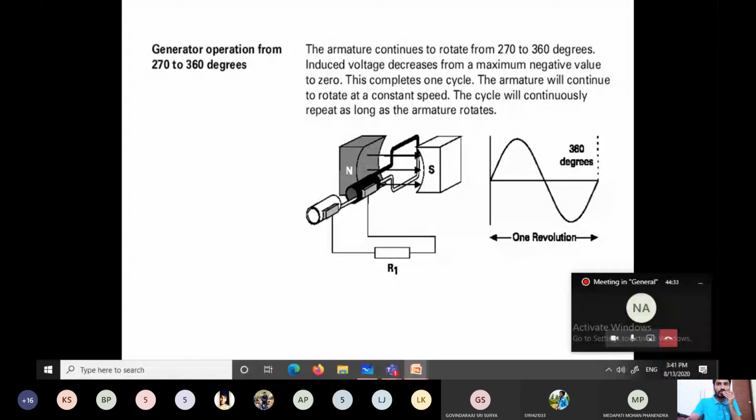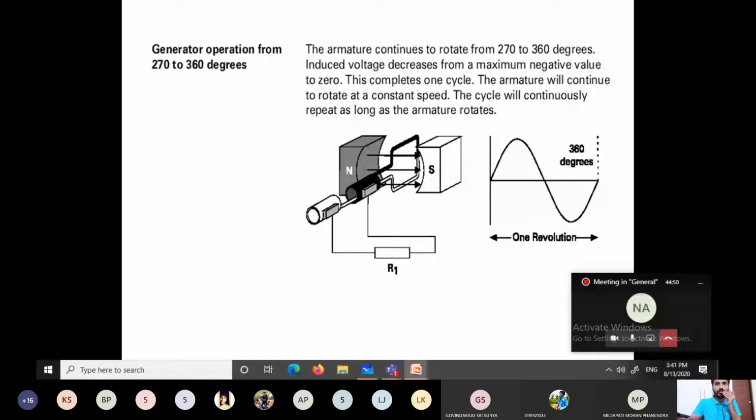After one complete cycle, we get one revolution of the rotor. So the EMF induced in an armature conductor is sinusoidal, alternating in nature.